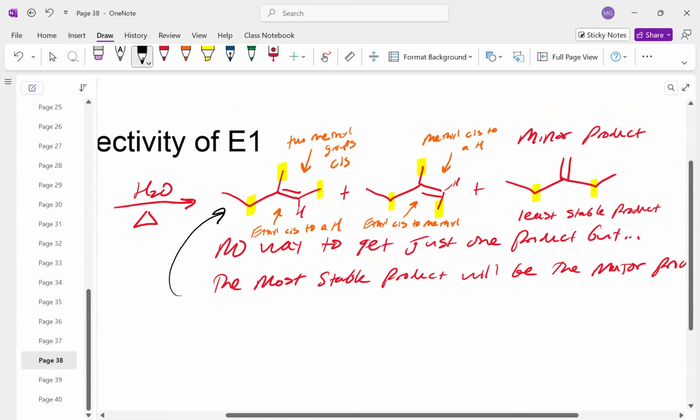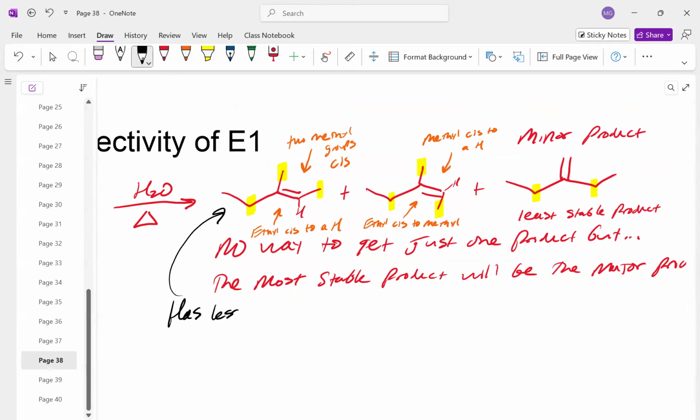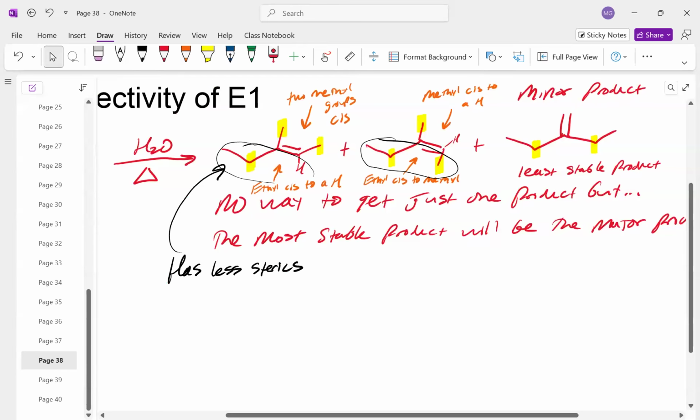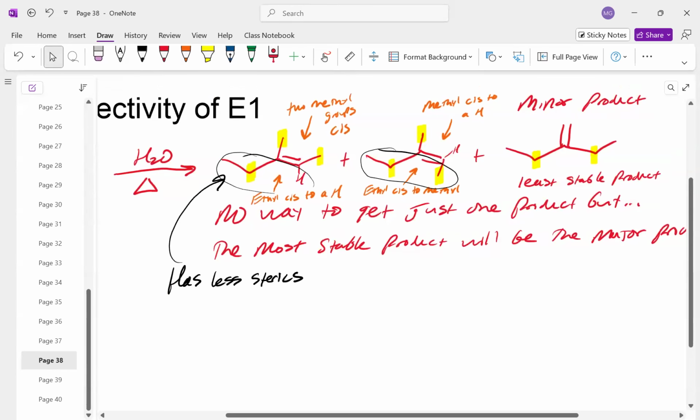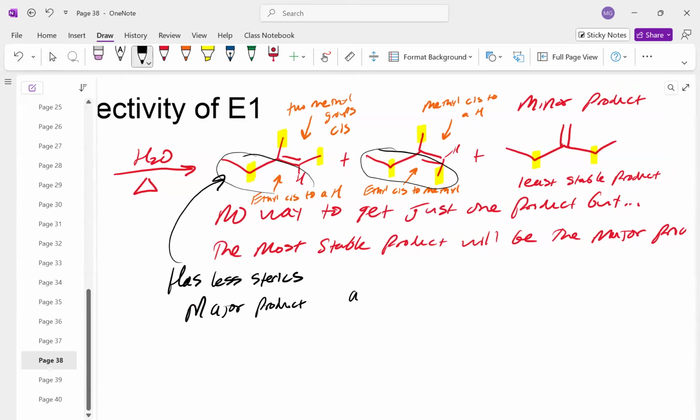This product has less sterics because you have the biggest group next to the smallest group. This one here, you've got an ethyl that's cis to a methyl. There's a lot of sterics involved in that. And so we would say that this is the major product. And this one would be, I'll use a technical phrase here, a little less than the major product.